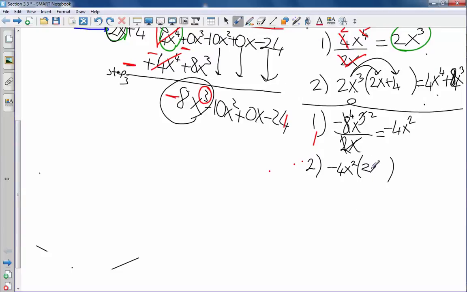Alright, let's multiply and subtract quickly. Negative 8x cubed minus 16x squared. And I subtract it from here. Negative 8x cubed minus 16x squared.